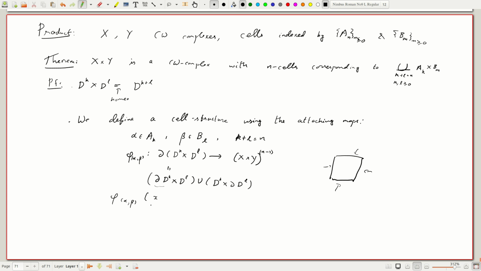So here we will define phi_(alpha,beta) for, so if I take x in boundary D^k and y in D^l, well, then on this guy we have a boundary map, phi_alpha of x. Okay, and I take the pair which identifies it with the map which is going to be just y itself. Okay.